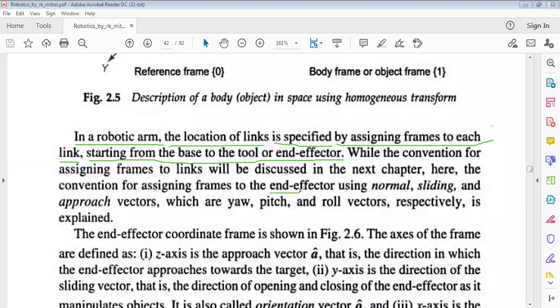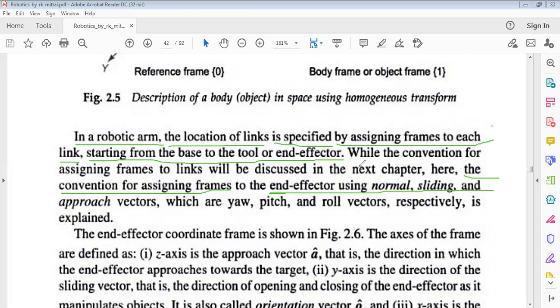The convention for assigning such frames to the end effector, I will discuss in the next class, not now. So here I stop the lecture.